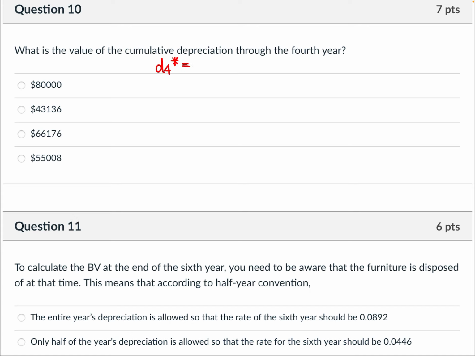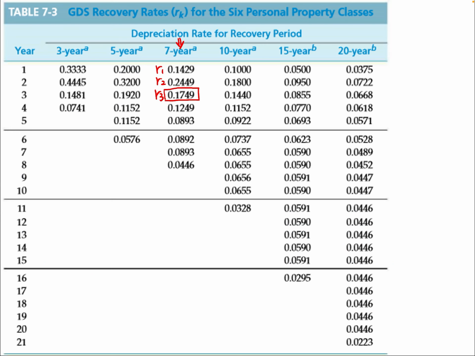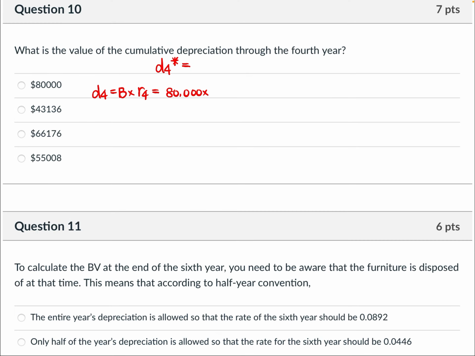So to calculate this, you should calculate D4 first. B times R4, because you have already calculated D1 through D3. So you need to calculate additional D, that's D4, which is 80,000 times, you go check this table, R4 is this one, 0.1249.